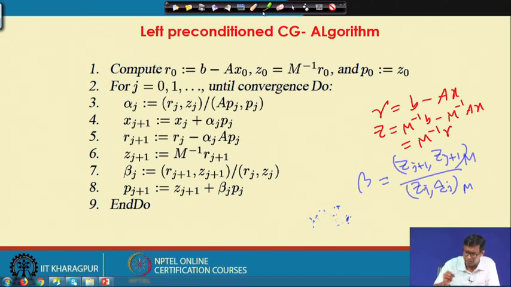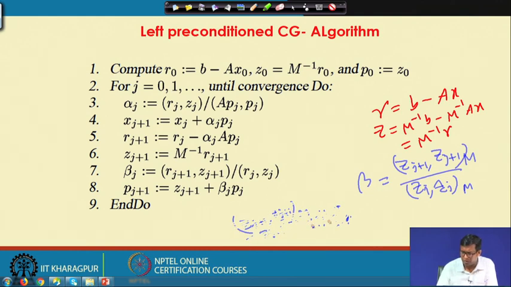So, what is z_{j+1}? z_{j+1} transpose M z_{j+1}. I think we should redo it in some way.